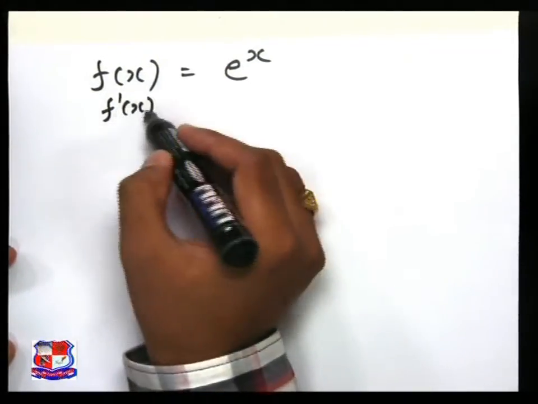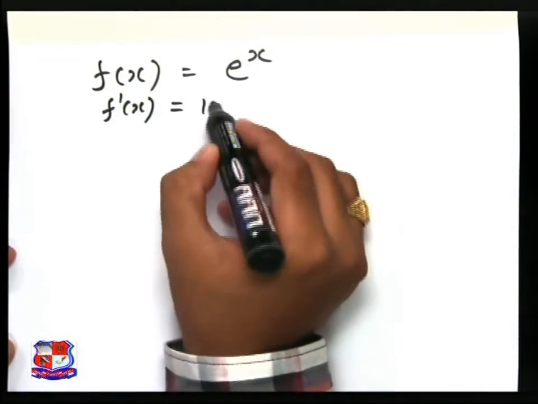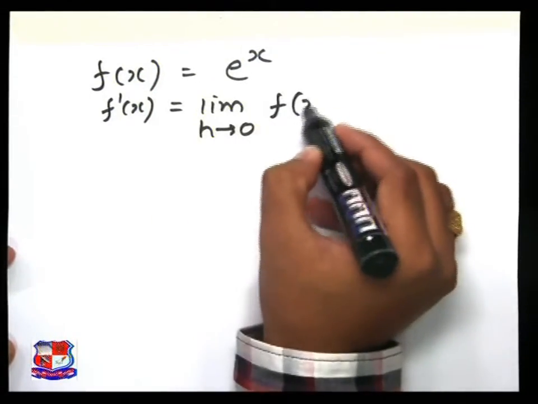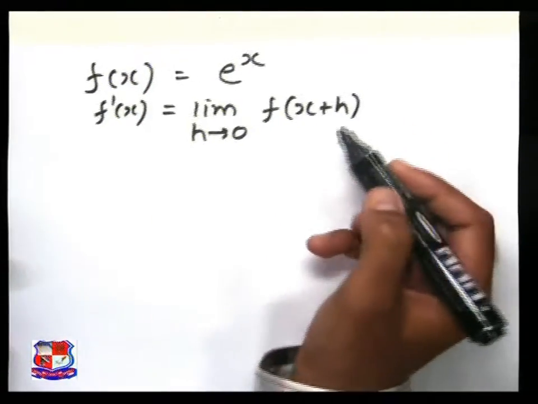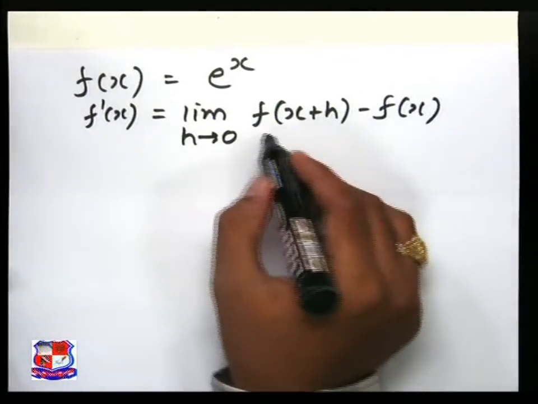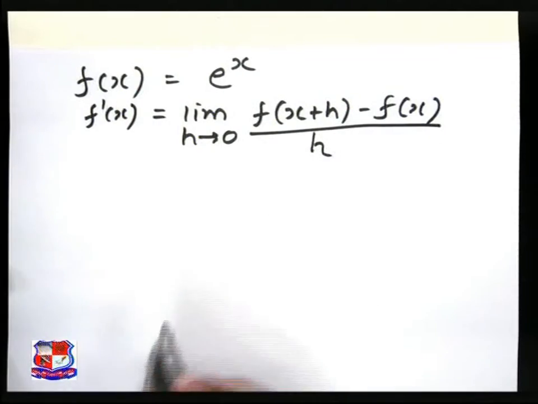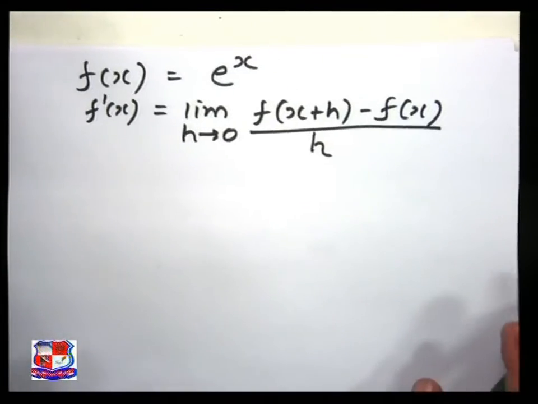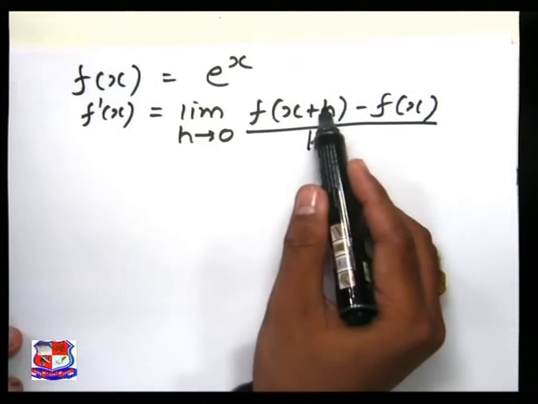So we can write f dash x equal to limit h tends to 0, f of x plus h minus f of x divided by h. So again we want to find the function at x plus h.